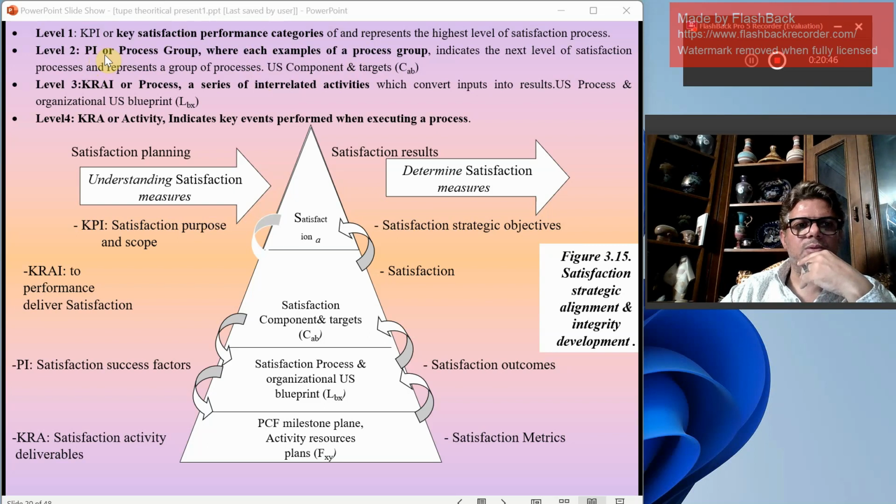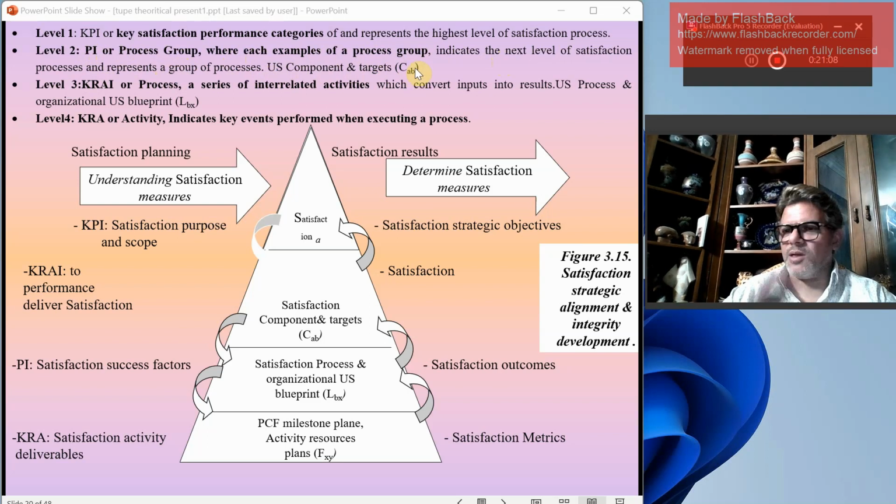Performance indicator or process group, where each example of a process group indicates the next level of satisfaction processes and represents a group of processes, user satisfaction component and targets, which initiated by CAB. Well, I think I changed the ABE.